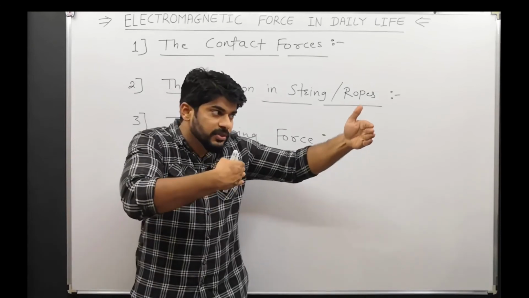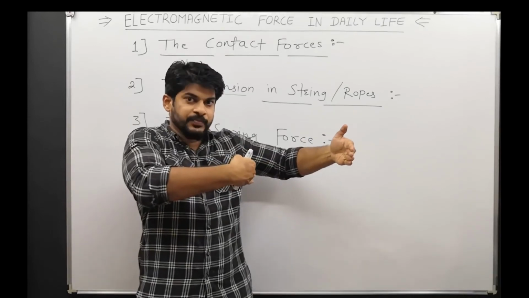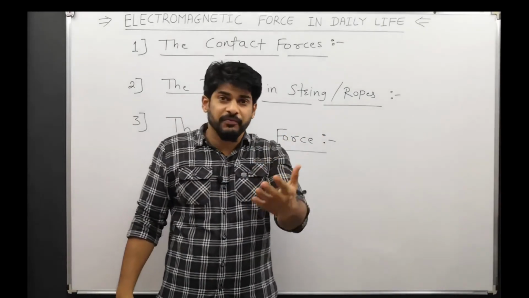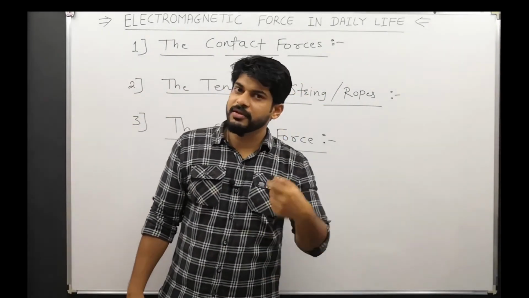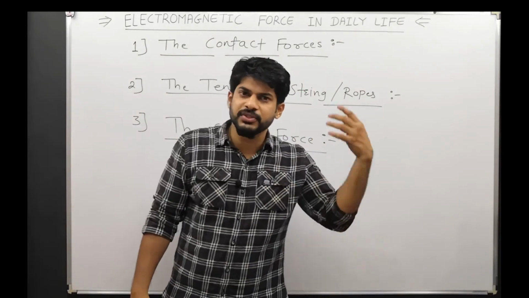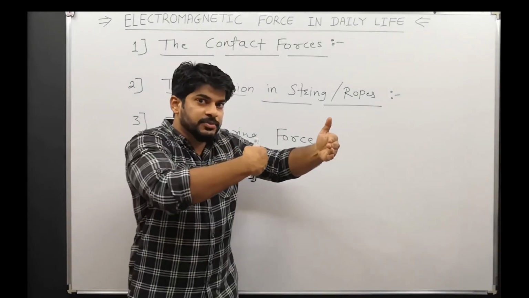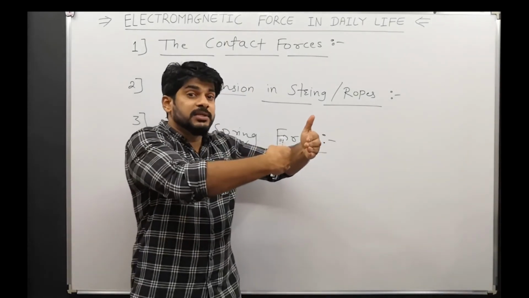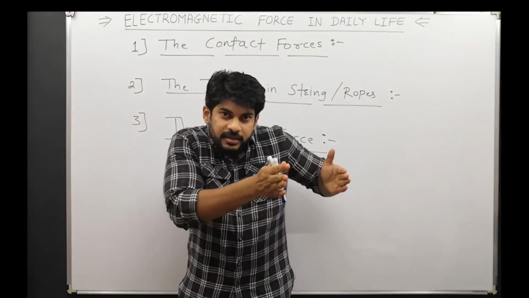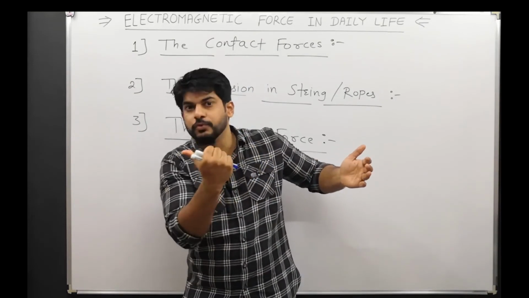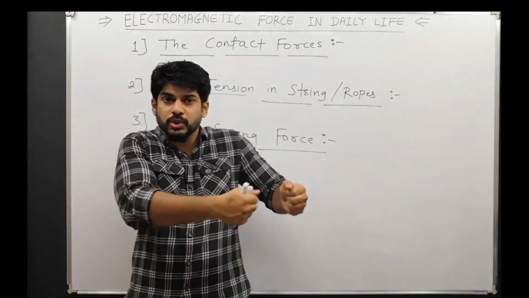The atoms, when they go closer to one another, will start to repel one another. Definitely this force is nothing but the electromagnetic force, because at the atomic level the charges are there which are exerting this force. So when you compress the spring, the atoms go closer to each other and they exert a repulsive electromagnetic force. And that is the reason why the spring exerts this opposite force when it is compressed.